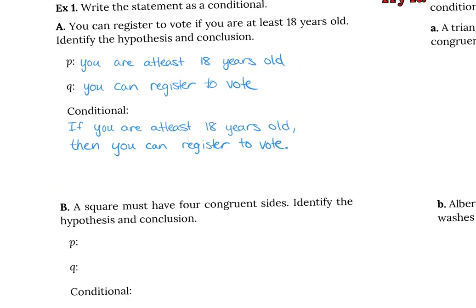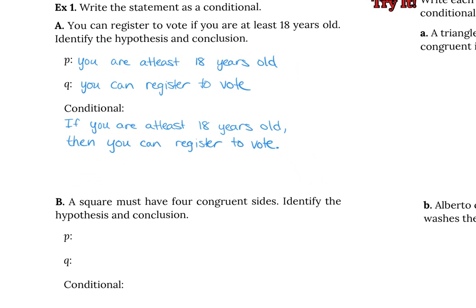All right, next we're going to look at example B. A square must have 4 congruent sides. Identify the hypothesis and conclusion.